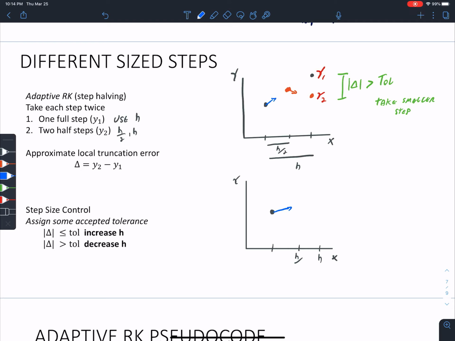So we take one full time step and we end up over here with that time step. Let's call this y1. But let's say if we did this with two time steps instead, we came here first, and then the slope was slightly different, but not too much, right? Maybe a little bit more up, and then our y2, we ended up here.